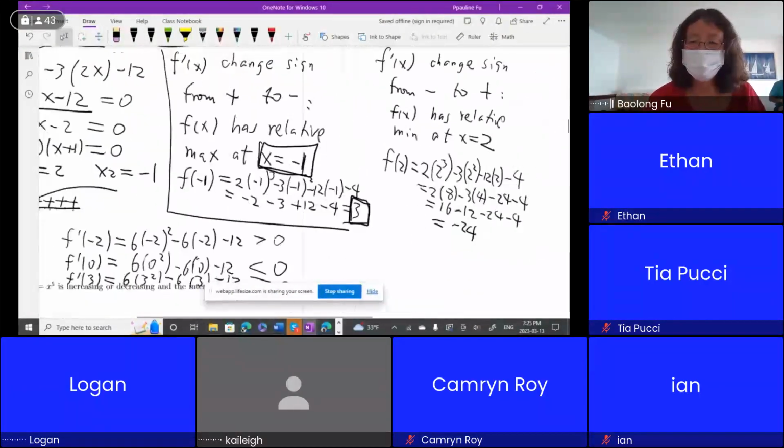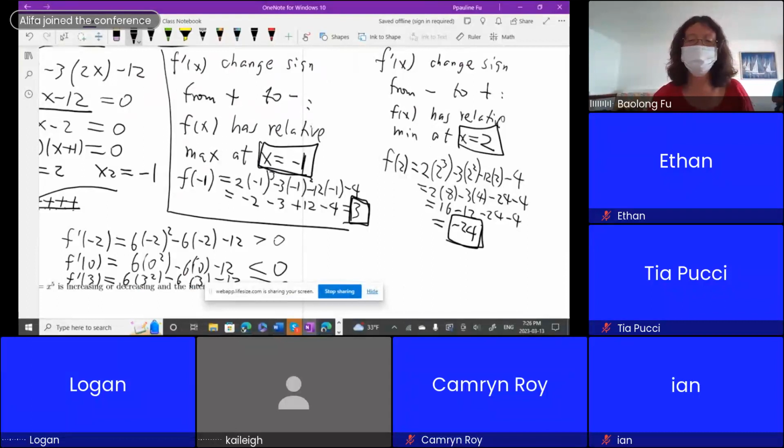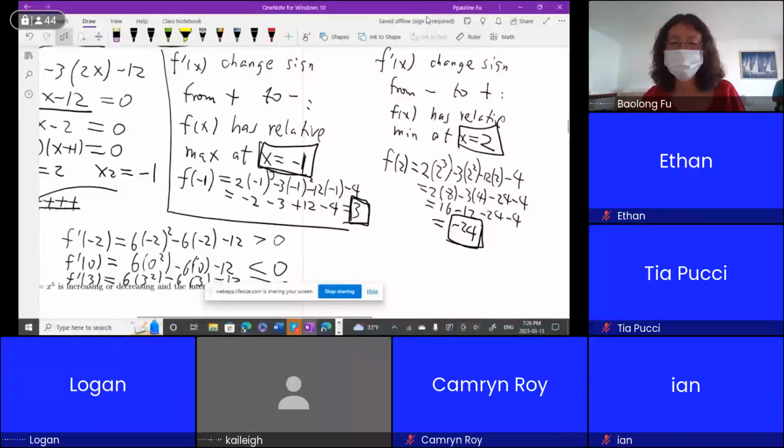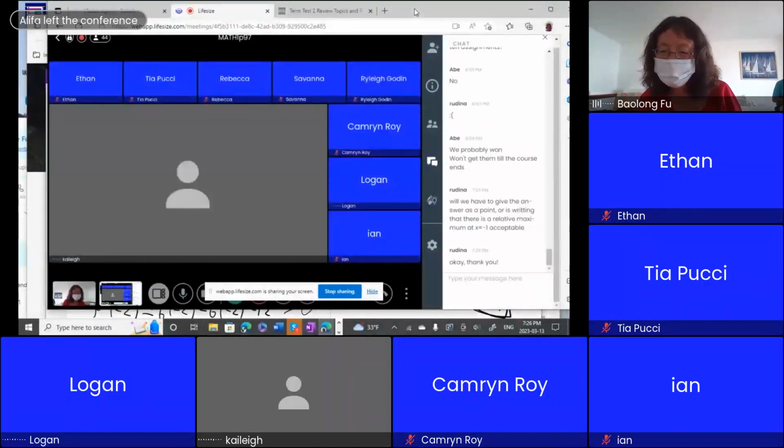The minimum value is -24 when x equals 2. That is the correct, complete answer. You don't lose marks if you answer that way.